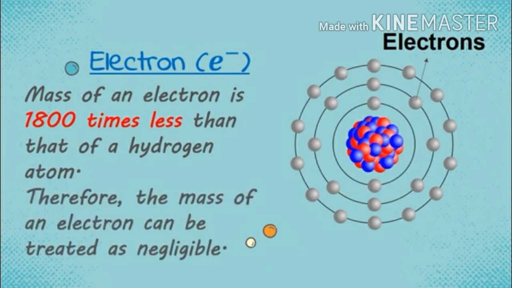The mass of an electron is 1800 times less than that of a hydrogen atom. Therefore, the mass of an electron can be treated as negligible, which means the mass of an electron is very small. Therefore, only the mass of the proton and neutron is considered, so the mass of the atom is concentrated in the nucleus.